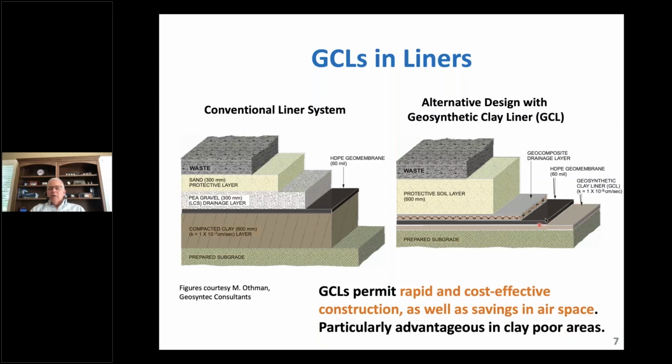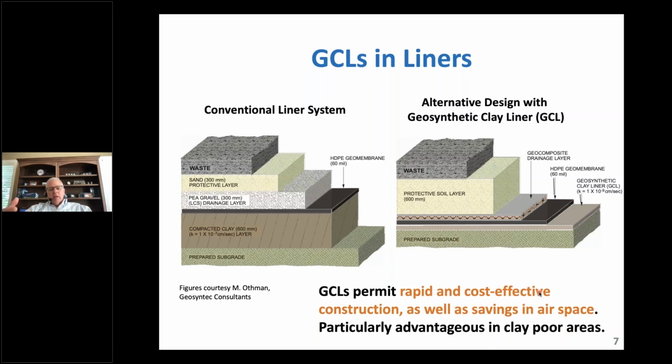We've got the same geomembrane on top of it, so we've got a much thinner system, and because that GCL has lower hydraulic conductivity, it tends to have lower leakage rates than the thicker compacted clay system on the left. So it's rapid and cost effective, with savings in airspace as well. This is particularly advantageous in clay poor areas.